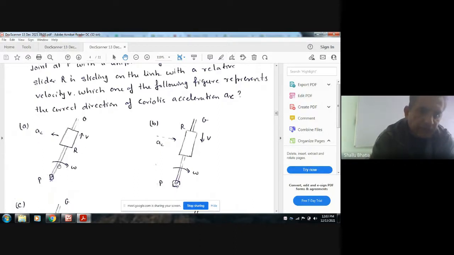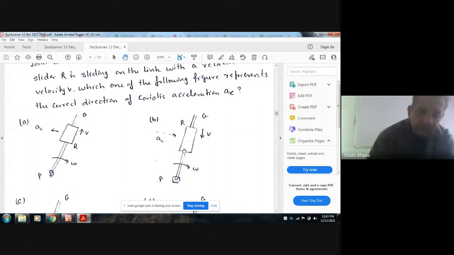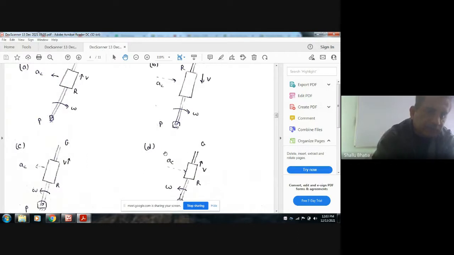Omega is the angular velocity, v is the velocity of the slider, and PQ is the link. In option A, the Coriolis component is given in this direction. In option B, it is given in this direction. In option C it is in the left direction, and in C and D in the right direction.